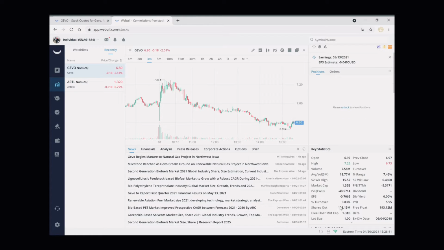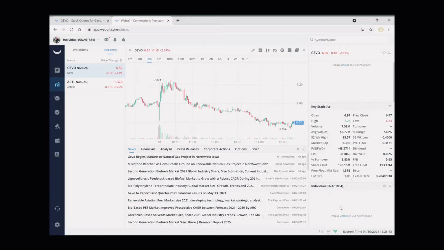So right here, the first thing I look at is the 52-week high and the 52-week low. If I'm trying to invest in GEVO right now, the price is currently at $6.80, and I see that the 52-week high is at $15.57, and the low is at 46 cents.